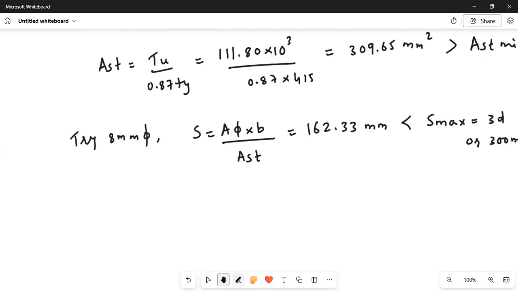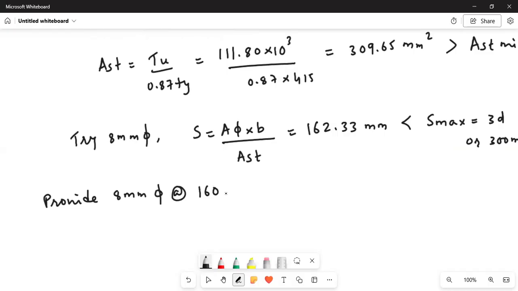Okay. So we can write down the detailing. Provide 8 mm bar at the rate of 160 mm in the sloping direction.